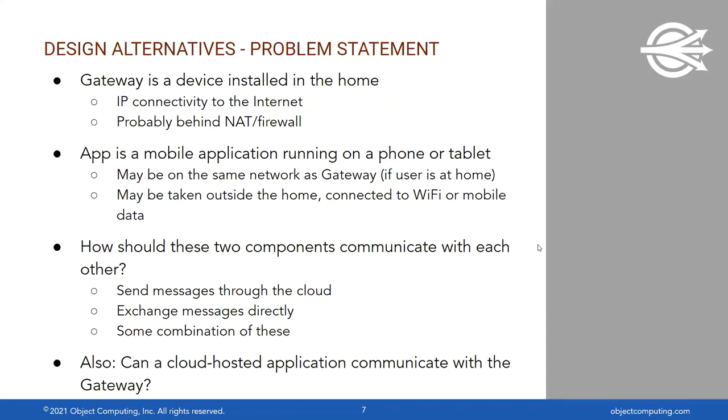So one of the main problems we're trying to solve for is how should these two components communicate with each other? Should they send messages through the cloud or exchange the messages directly, or do we need to support some combination of these things? And along the way, we can't forget the cloud-hosted application part of this, right?